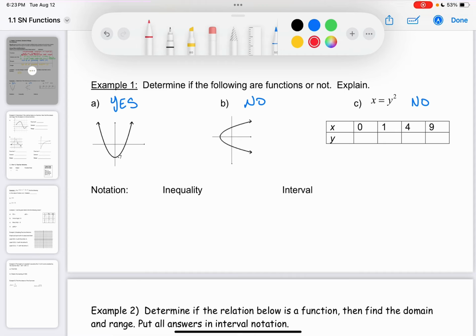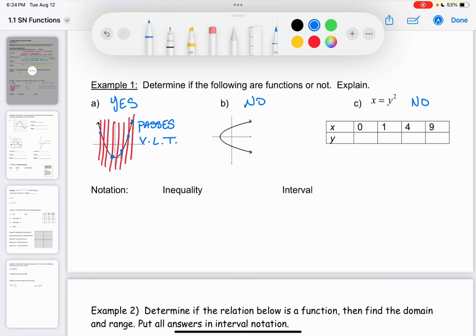Well, if we try the vertical line test on it, see how every single one of these lines only crosses one time? That means for every x, there's only one y. So it passes the vertical line test.